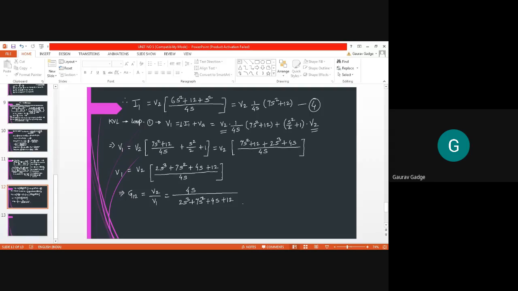Okay, if you have done with the second numerical, let us take one more numerical to solve. Are all of you done with this slide?